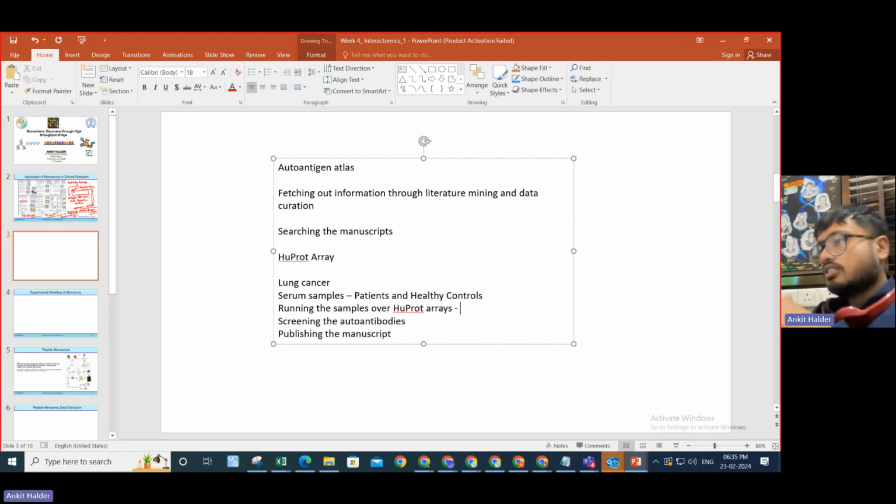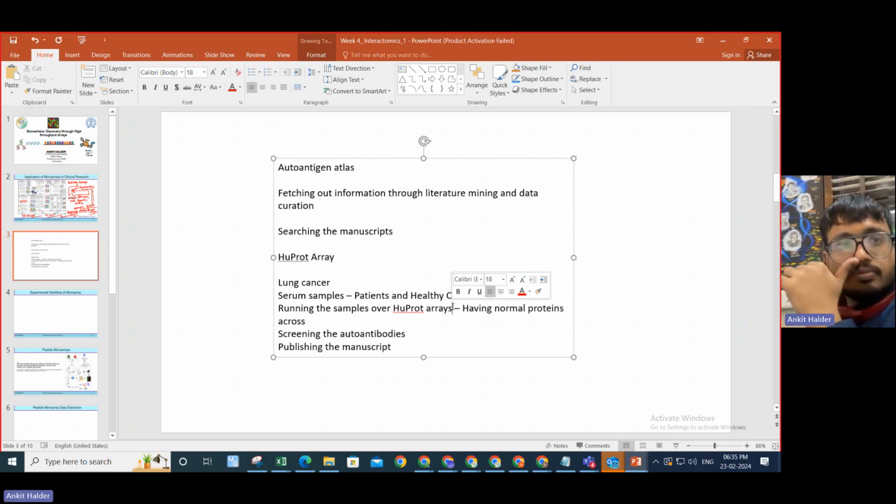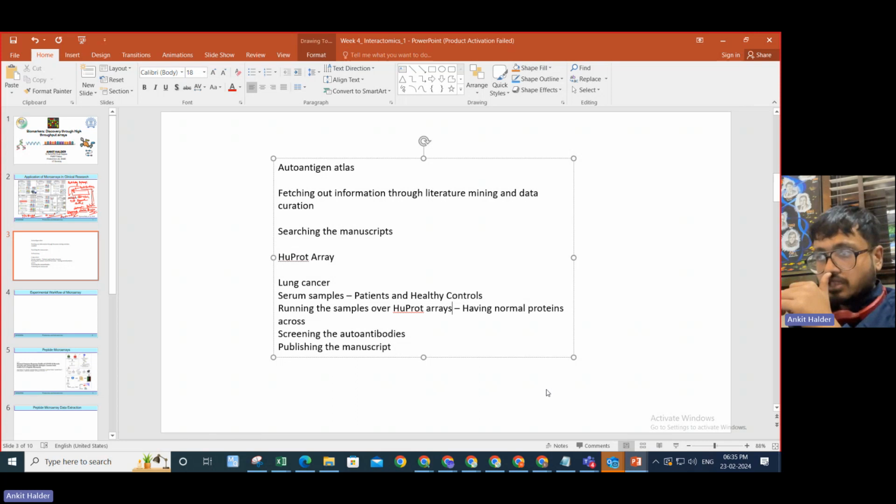So what is UProt? Having normal proteins across, so you have the normal proteins across. So you are screening the autoantibodies and publishing.